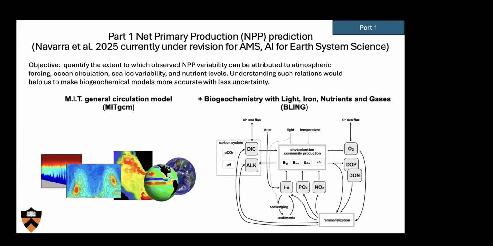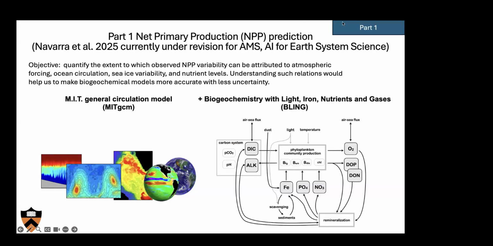For this part, I use BSOSI, as John mentioned before. BSOSI is a state estimation. We have a physical, dynamical model, which is MITgcm in this case, and the biogeochemistry component is the BLING model, biogeochemistry with light, iron, and nutrients.